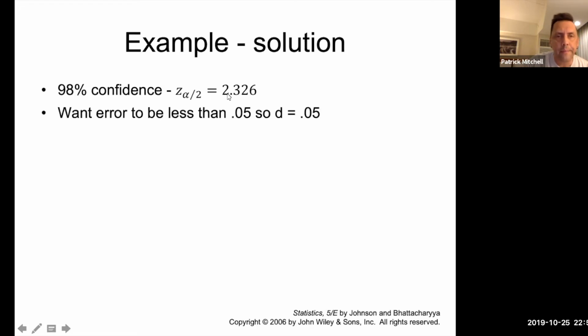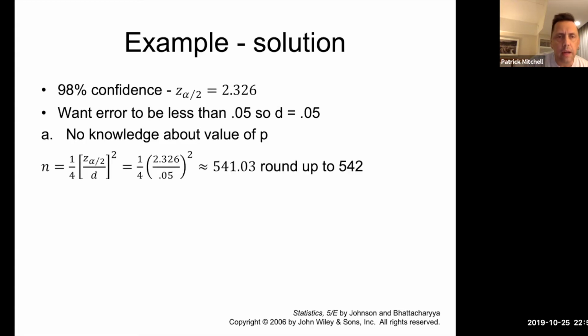Then we want the error to be less than 0.05, so that's going to be D. You put that all into the formula. Use the second one that we just talked about on the last slide. N is equal to 1/4 times the square of Z sub alpha over 2 divided by D. I plug in those two values, and that expression works out to be about 541.03.